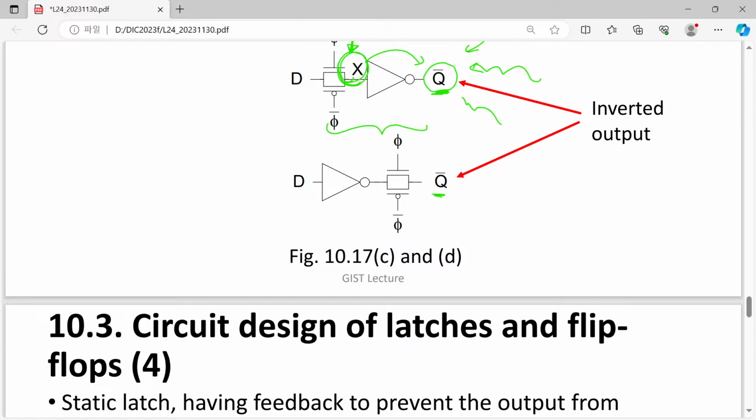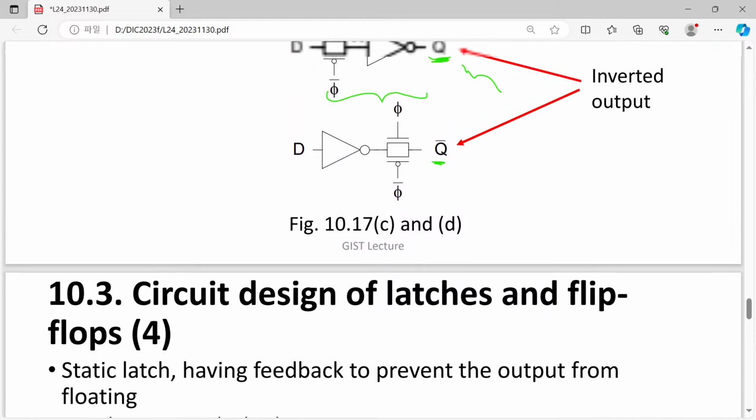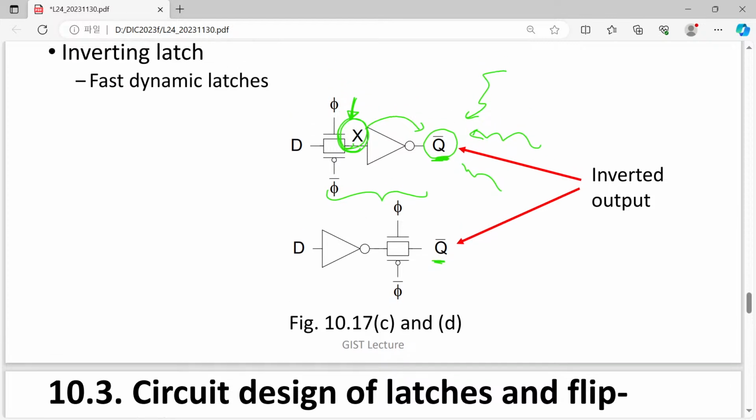You know that each of them solves only one problem. For example, in this top one, okay, our state variable is protected, but it still has to drive the open one, I mean the diffusion input.